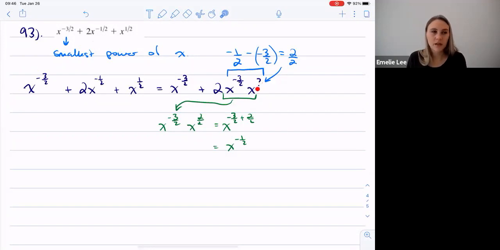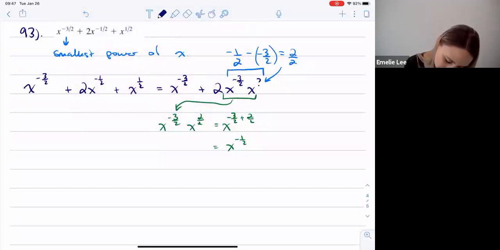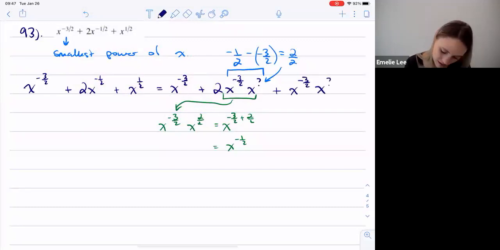Okay. Want you to do the same thing with x to the power of 1/2. I need to pull out a negative 3 over 2 from 1 over 2. So replacing the negative 1/2 with just positive 1/2. Here we go. So plus x to the negative 3 over 2 times x to the power of what?